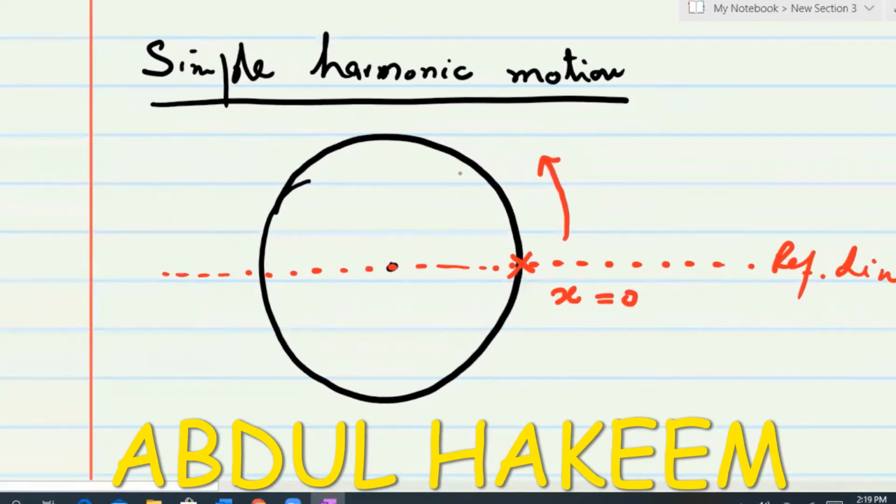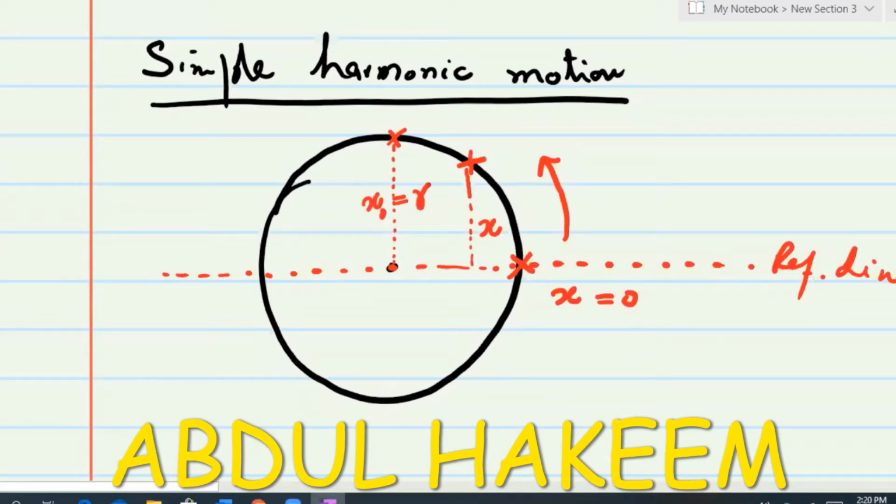When this cross mark reaches here, its displacement from the reference line is this, and it is not 0, represented by x. So when this cross reaches here, this is its displacement, and this is the maximum displacement, which is exactly equal to the radius of the circle.